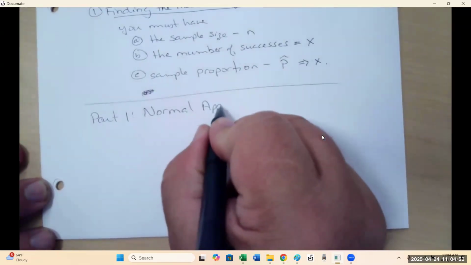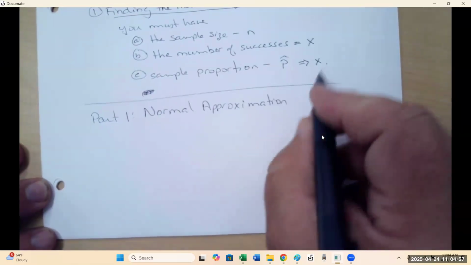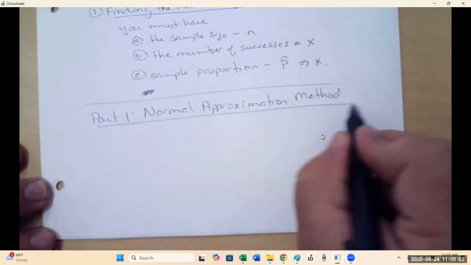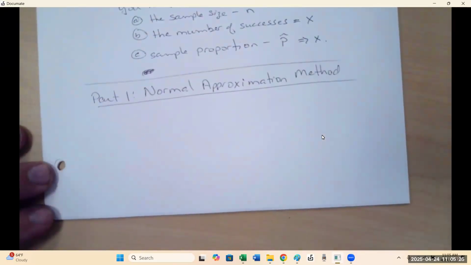Normal approximation method. Remember, whenever you see the word normal, what does that refer to? And what does that look like? Bell curve, right? So whenever we talk about normal approximation methods, one of the conditions we have to have is that it's got to be normal, it's got to be bell shaped.